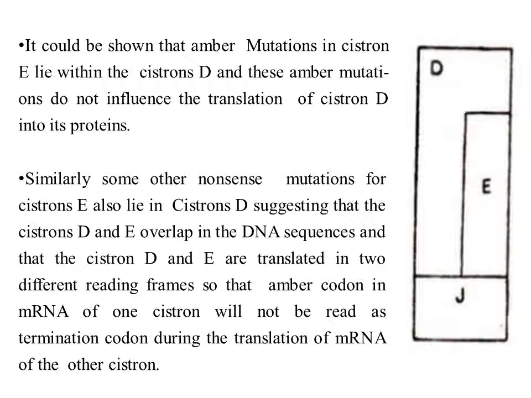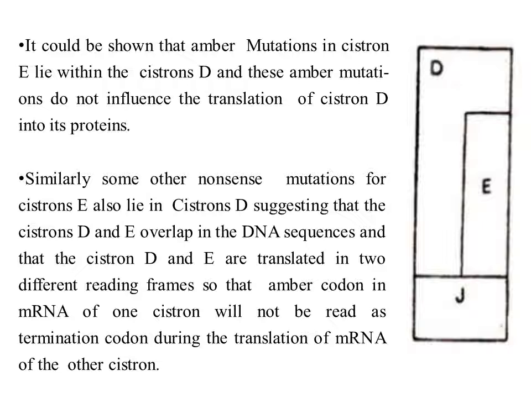But this termination codon, as it is shared by D and E, can cause some changes in D protein. That means D protein will not be produced fully, it will be stopped when it reaches the termination codon of E.